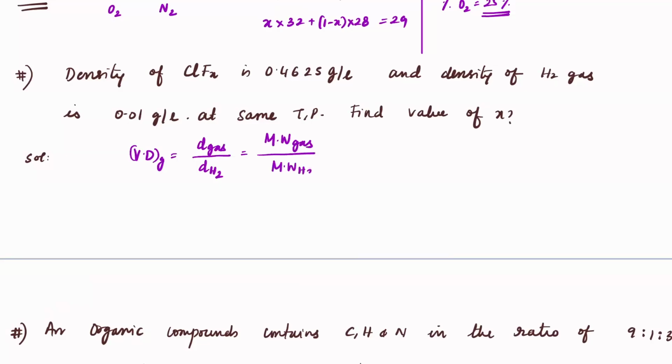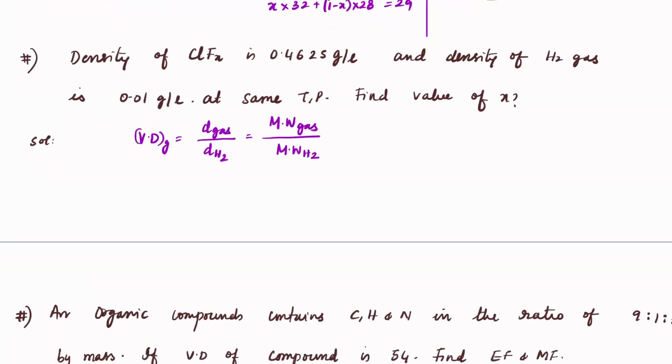So density of the gas, which is 0.4625, upon density of hydrogen, which is 0.01, is equal to molar mass of the gas, in this case 35.5, which is the atomic mass of chlorine, plus X times 19, which is the atomic mass of fluorine, divided by that of hydrogen, which is 2. That's all we need to solve. After solving, I'm getting X is equal to 3.